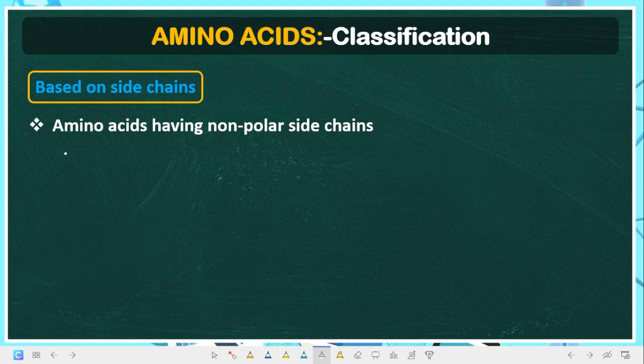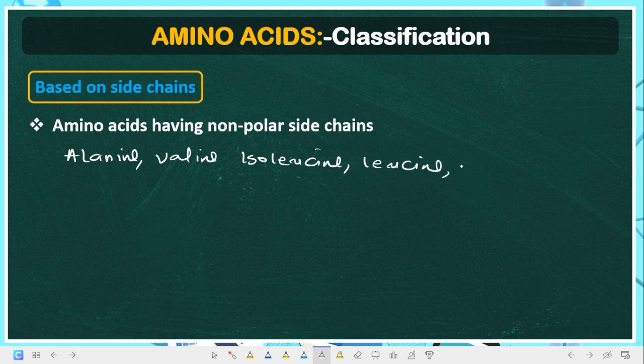Under this one we have alanine, valine, isoleucine, lysine. Even methionine is considered as non-polar. All these are non-polar amino acids.